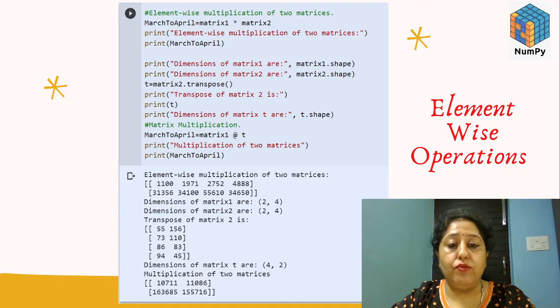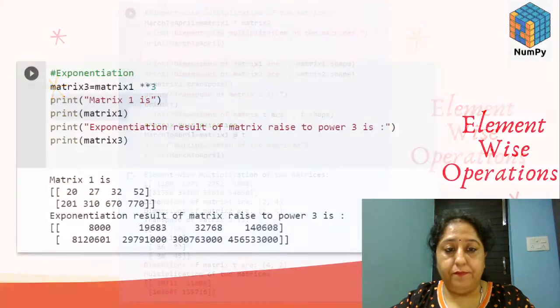In order to do matrix multiplication, we use the @ sign. So we write it as matrix 1 @ matrix 2 T to get matrix multiplication. Now here the first element is 10711, which is the multiplication of 20 by 55.